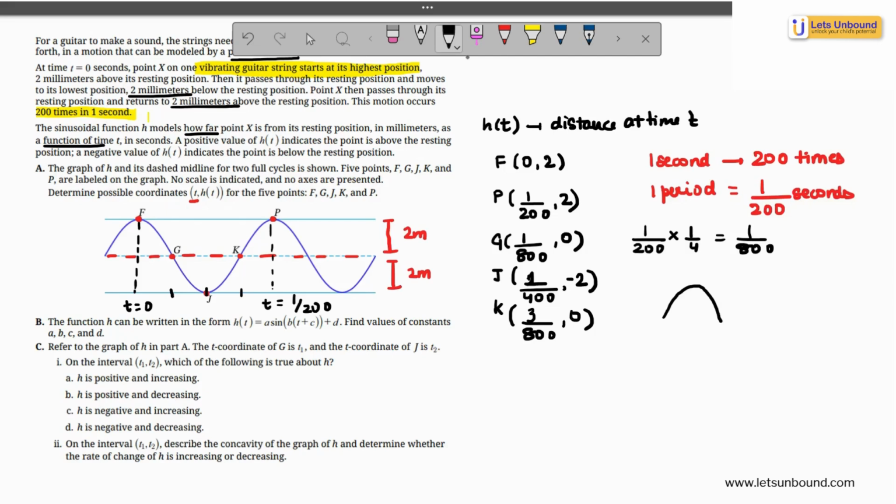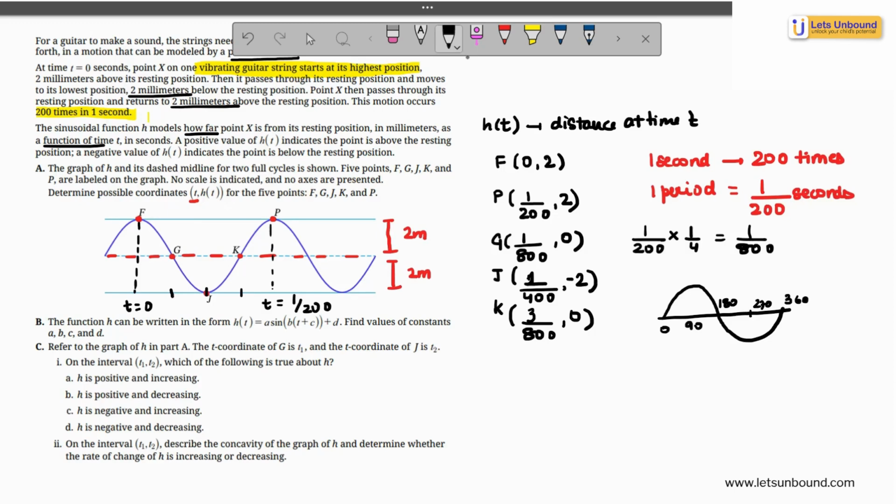If this is what an ideal sine graph looks like, you have here 0, 90, 180, 270, and 360. So every sinusoidal function having its period of 360 is again divided into 4. Here my cycle had a period of 1 over 200, hence I divided it into 4.